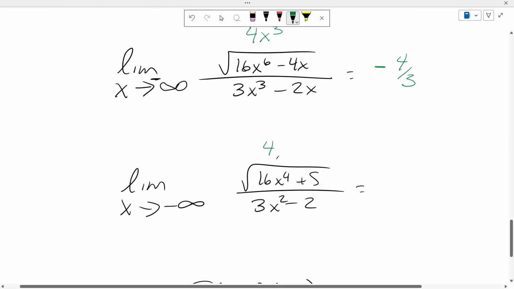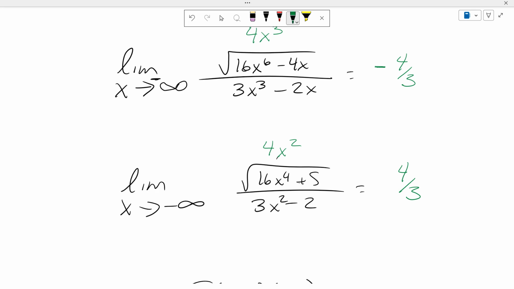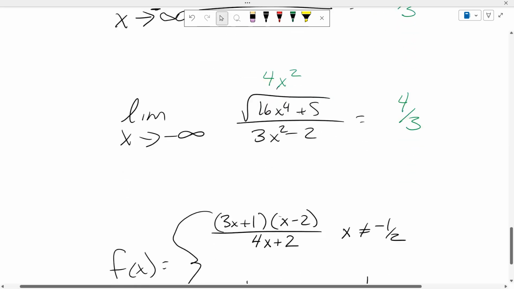This one is 4x squared. So even power, as we go towards negative infinity, is a positive 4/3. See the difference there? Okay, that's where I screwed up the other day because I couldn't remember.